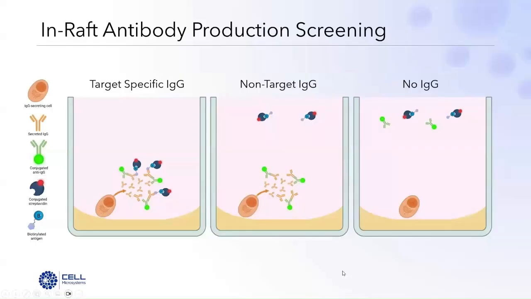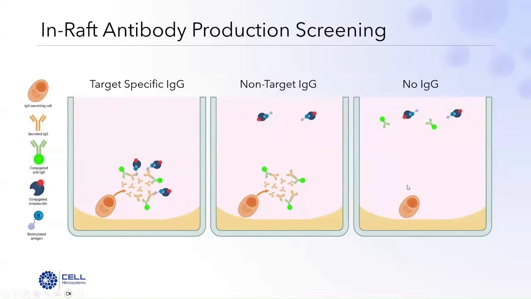You're going to see several cartoons like this as we move through the case studies I'm going to show you today, but I thought it was important to anchor you on what we call in-raft antibody production screening. It is essentially a miniaturized ELISA or antibody binding assay within each of these individualized microwells. The assay is incredibly flexible and very easy to execute simply by combining different fluorescent detection reagents and conjugated antibodies.